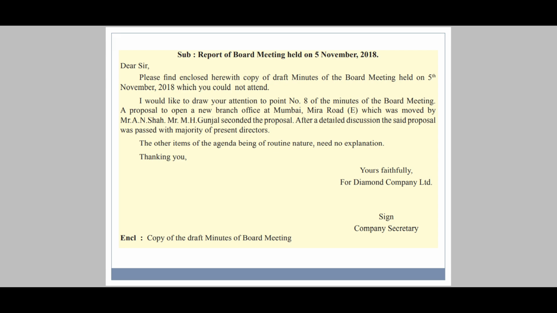Moved by means put up at the meeting, and then seconded the proposal. That means supported the same thing. After a detailed discussion, the said proposal, whatever Mr. A.N. Shah was saying, was passed with majority of present directors. That means the decision was taken with the majority of the board of directors.